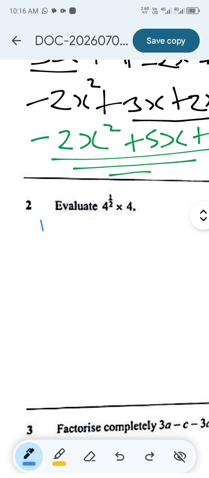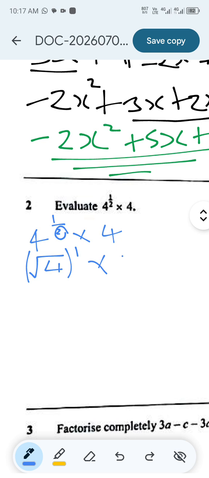Given any calculation of this sort, which is 4 to the power half, then times 4, this is simple. This 2 is going to act as a root, then 4, then we are going to multiply everything by 1. This is how we basically do with the rules of indices. Then we are going to multiply by 4.